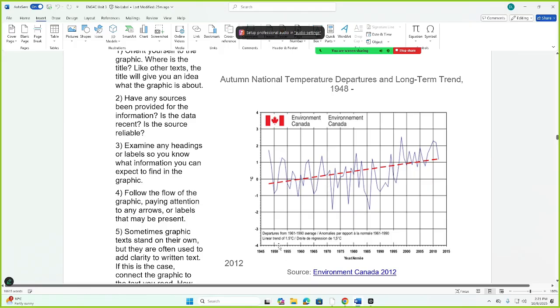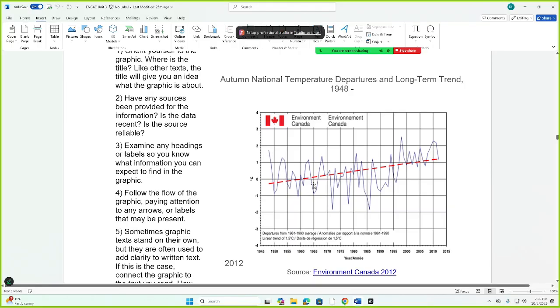Because you can see these hash marks here between 50 and 55. So we would interpret this to be roughly, well, I'd say maybe 1953, there was actually a rise in the average autumn temperatures, right, of just over 1 degree.